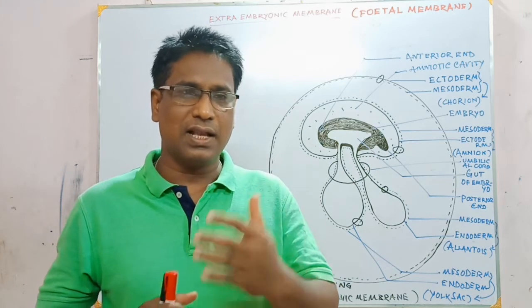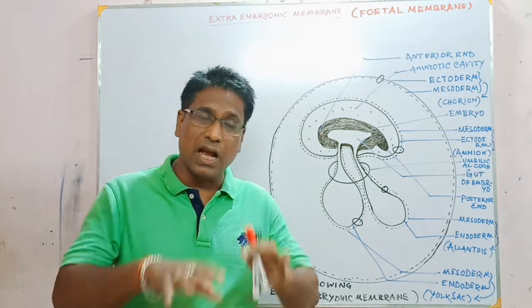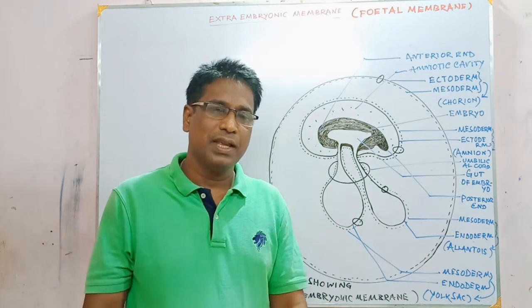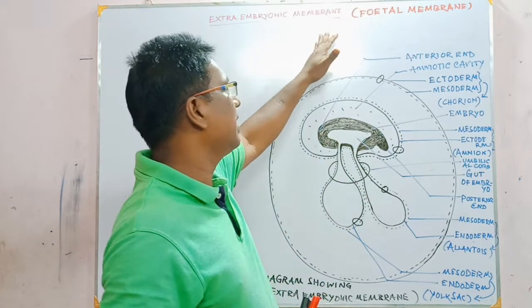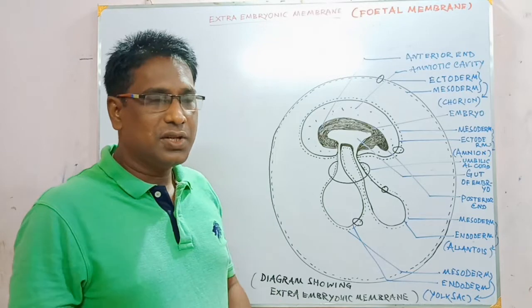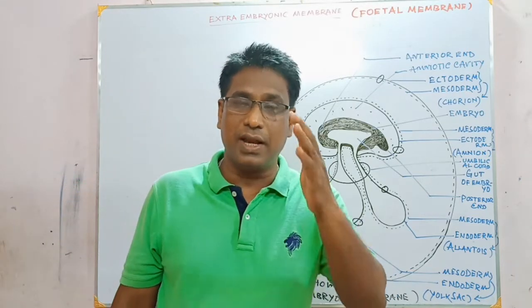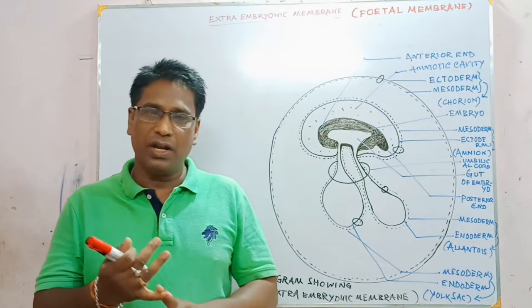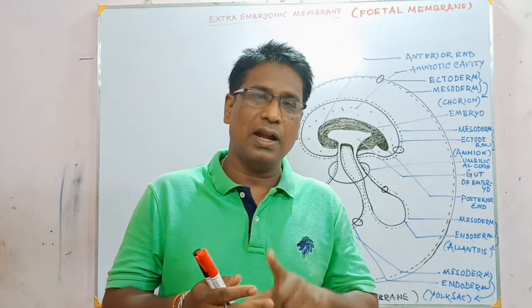These additional membranes present outside the embryo are called extra embryonic membranes or foetal membranes. They are the chorion, amnion, yolk sac and allantois.